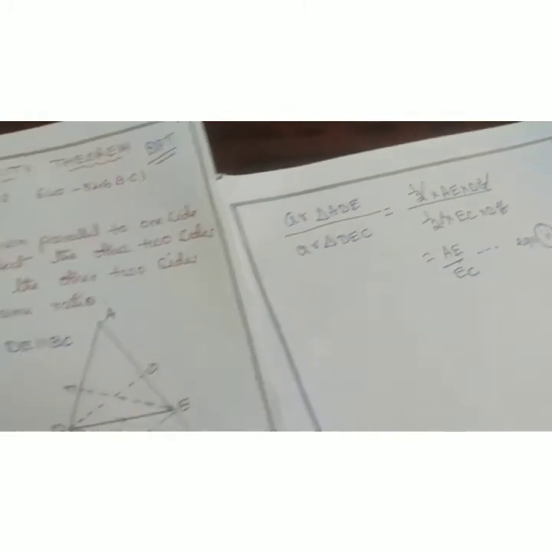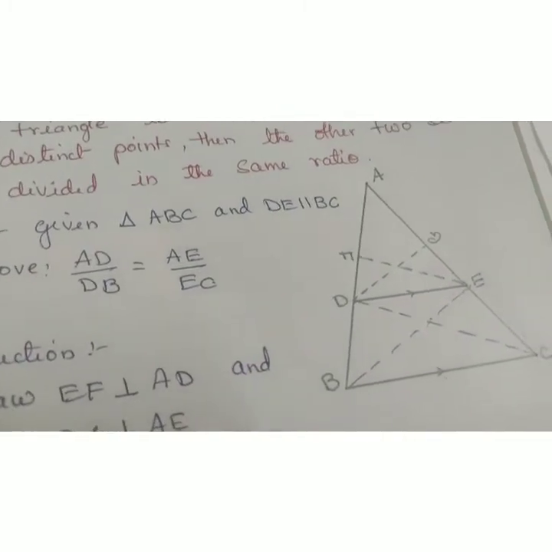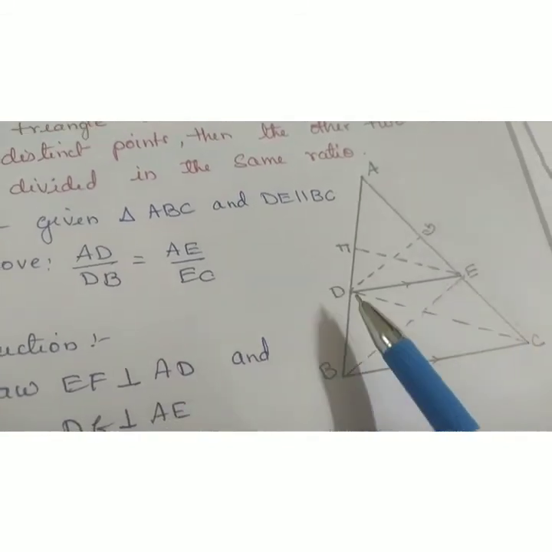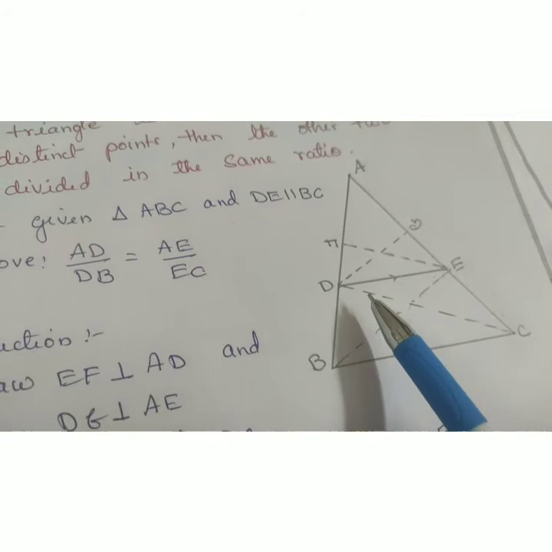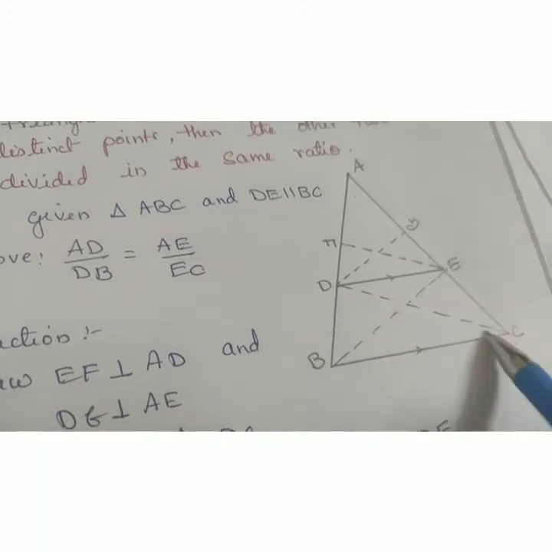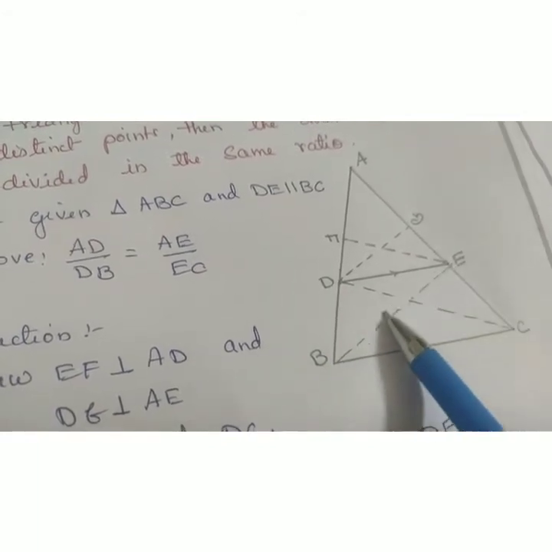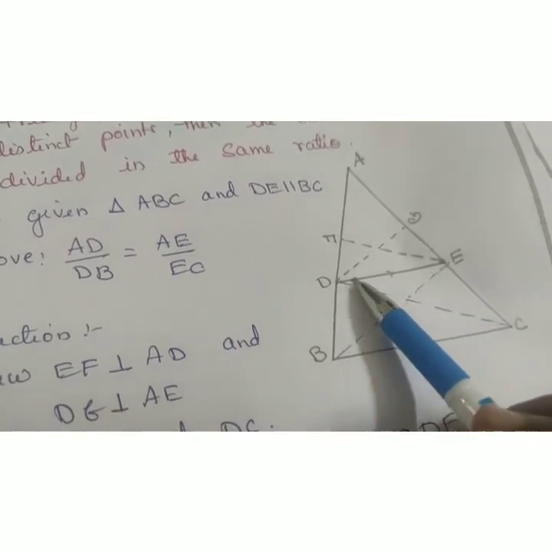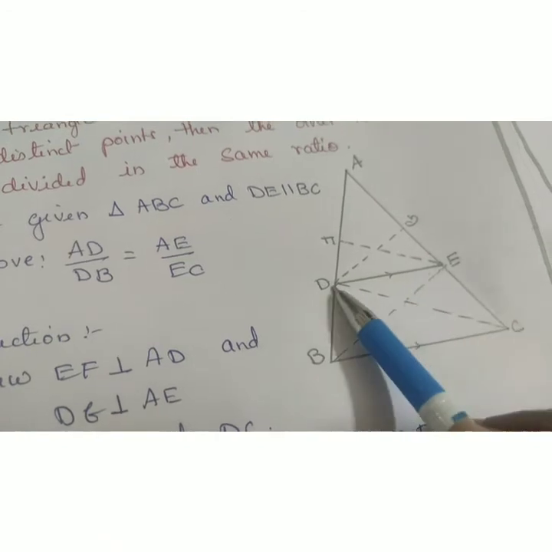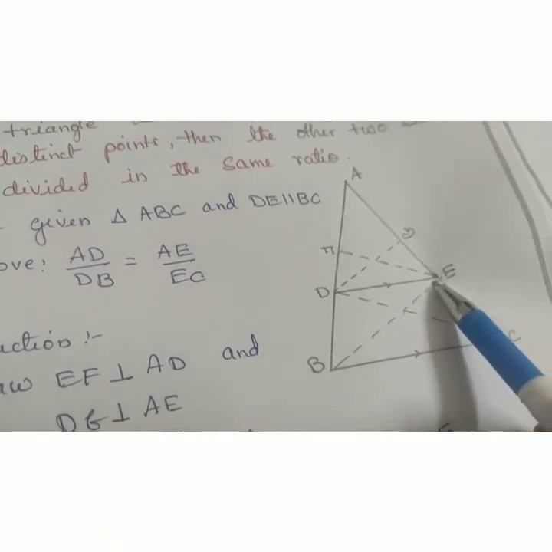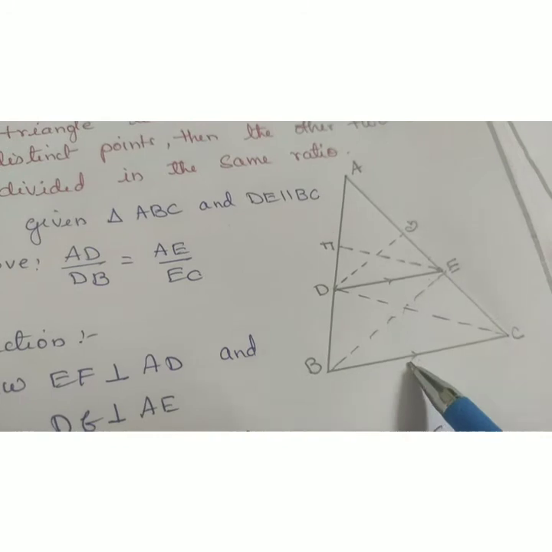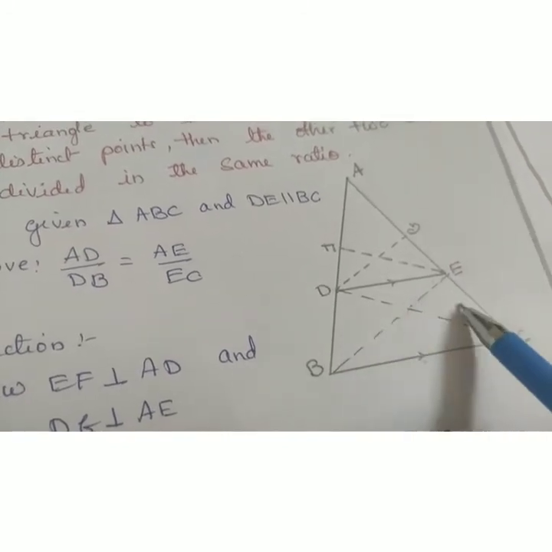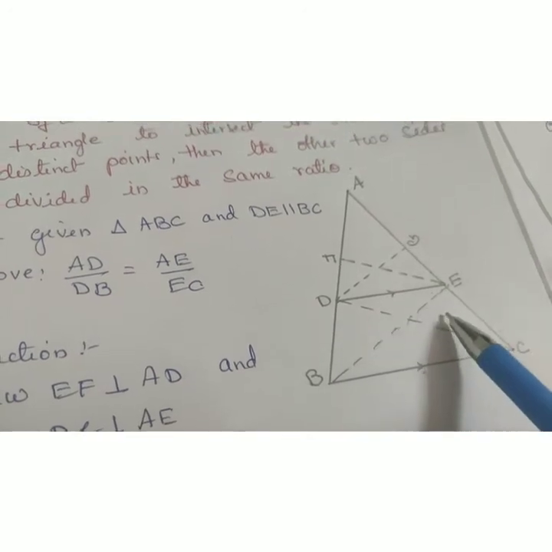Now look at the triangles DEB and DEC. Can you see here? These two triangles stand on the same base DE and are between the same parallels DE and BC. Therefore, the areas of these two triangles are equal. This you have studied in your 9th standard.